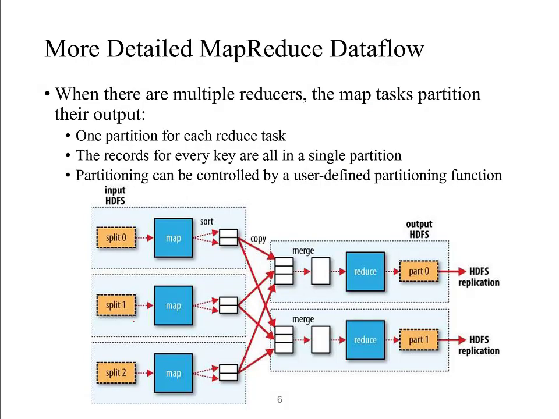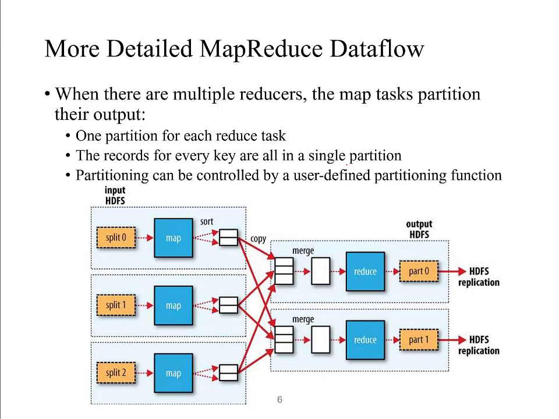for a more detailed MapReduce data flow, when there are multiple reducers, the map tasks partition their output. Say for each reduce task, there would be one partition, and they have to guarantee that the records for every key are all stored in a single partition.